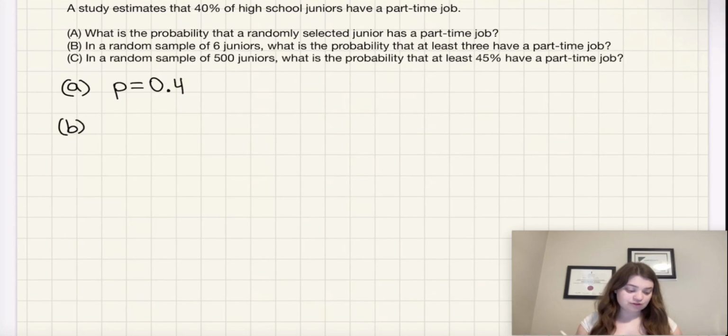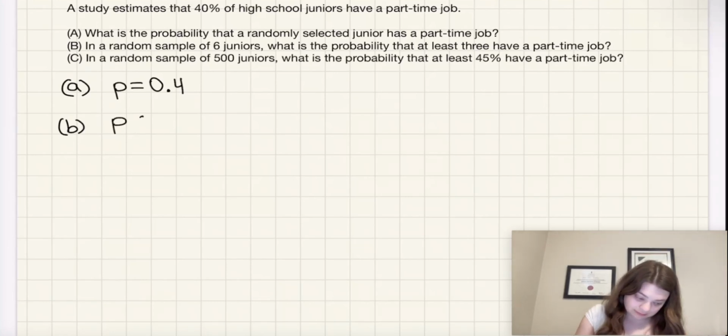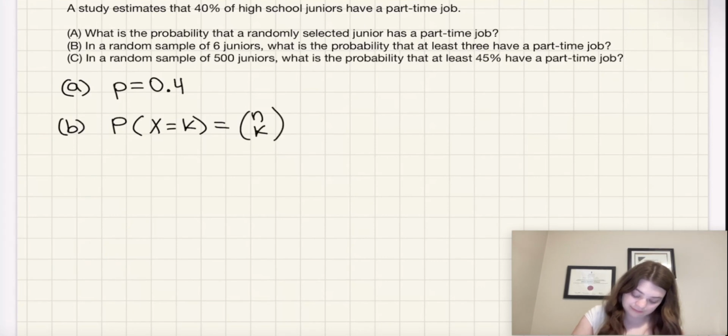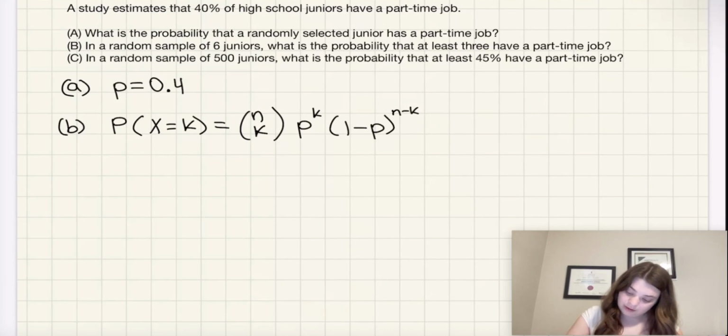So just as a reminder, the binomial probability formula is like this. P of x equal to k, with k being the number of successes that we're finding the probability of, is equal to n choose k times p to the power k times 1 minus p to the power of n minus k, where k is the target number of successes, right?